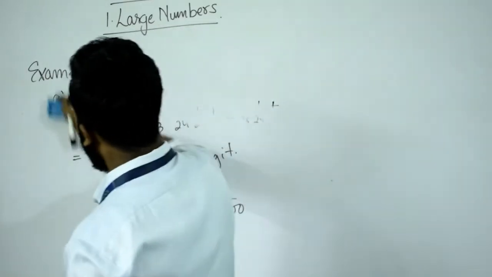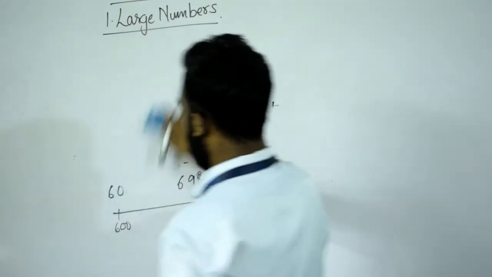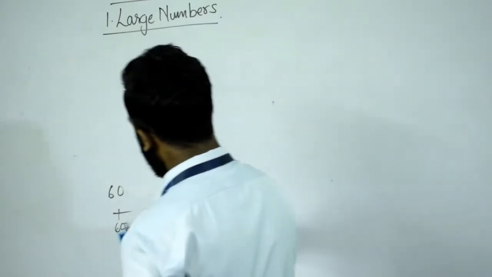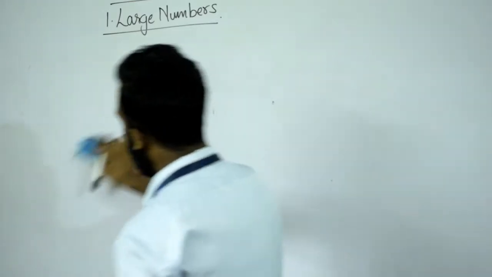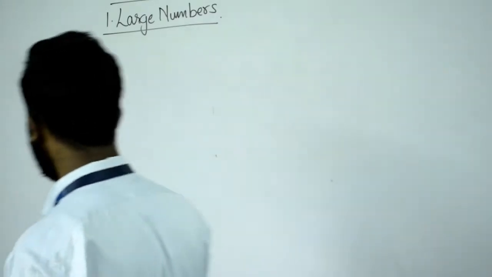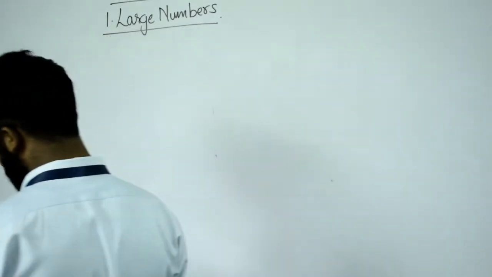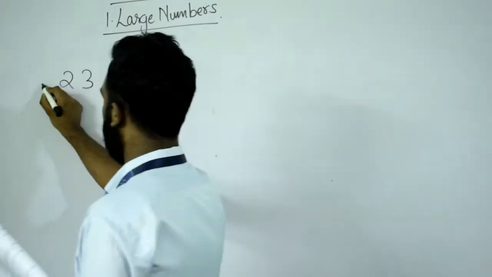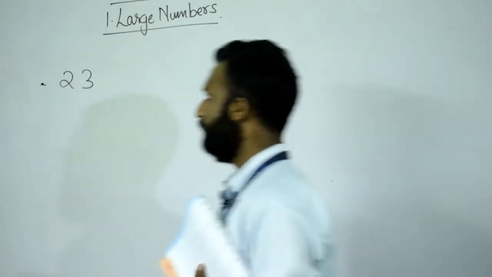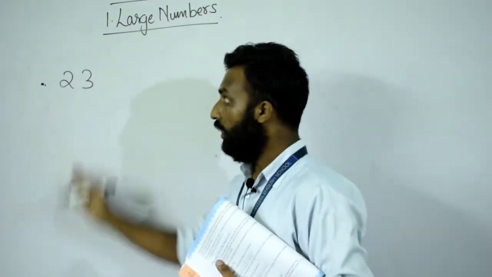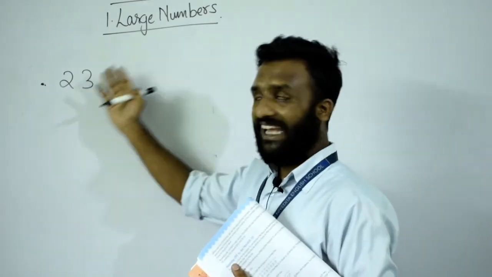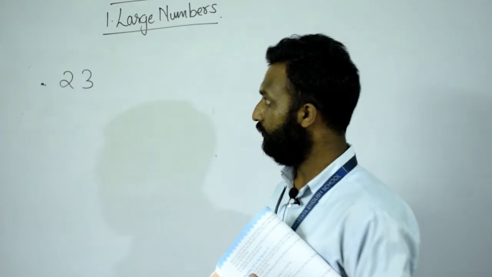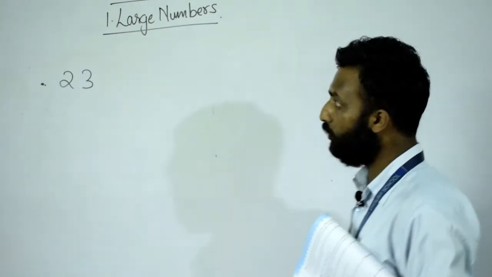But the shortcut for rounding a number to the nearest 10, 100 and 1000 is what we used to do. Suppose we have the same number, 23, and we are asked to round it to the nearest 10.